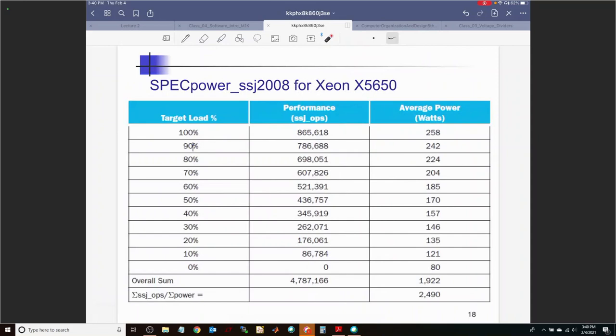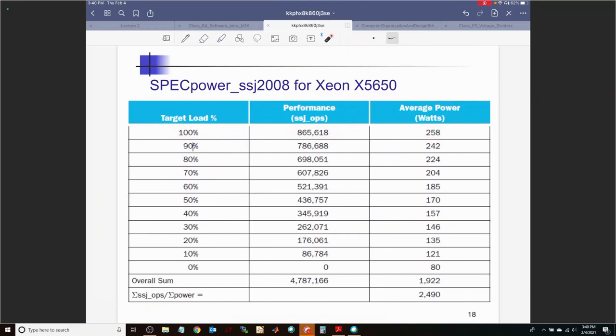This is the 2008 benchmark for the Xeon X5650 chip. You start all the way up here at 100% workload. There are 865,618 server-side Java operations per second supplied as the workload for that Xeon processor, and it is consuming 258 watts. You go down 10% at a time.